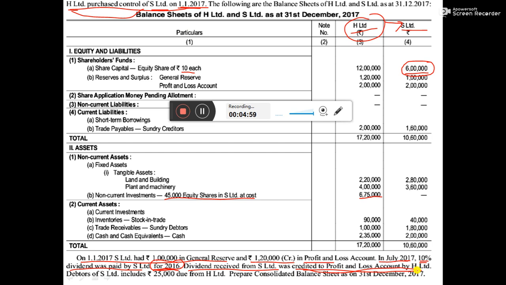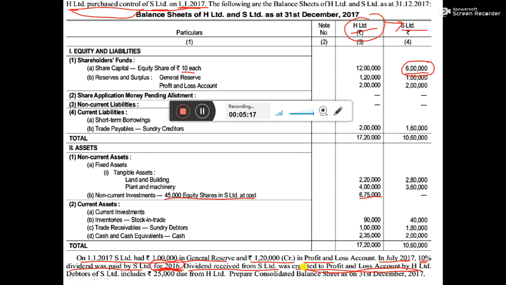Please be clear, students, that this dividend is paid for the year 2016, and will be paid from pre-acquisition profit, and this will have impact only on the calculation of cost of control, that is, on goodwill or capital reserve.